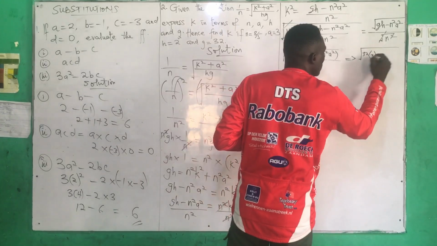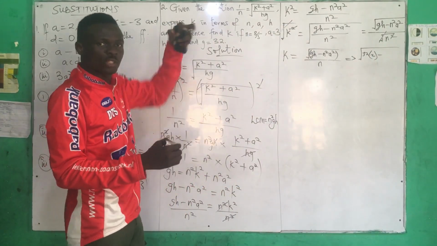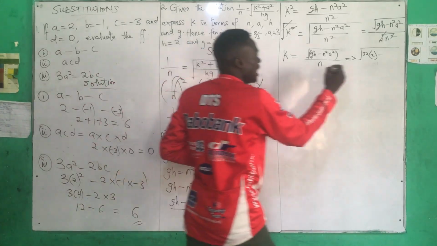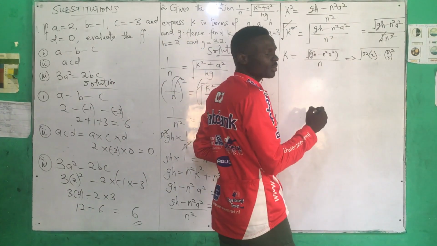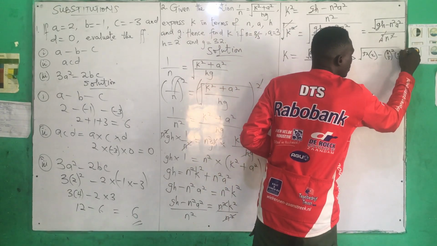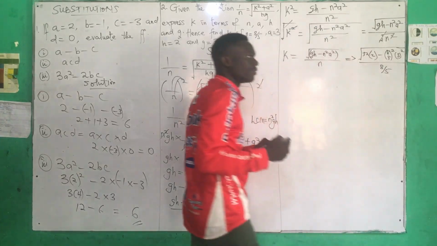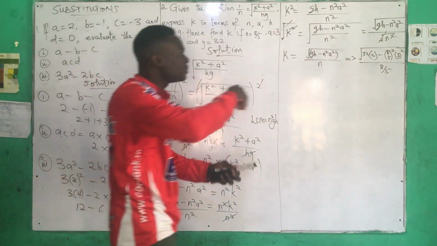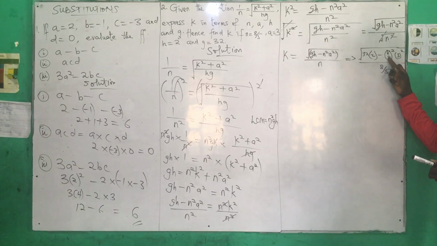H is 2, minus n squared a squared. So n is 8 over 5, so squared. And a is 3, so also 3 squared, all over n, which is 8 over 5. So now we have substituted. So this is g, this is h, minus n squared times a squared, all over n.